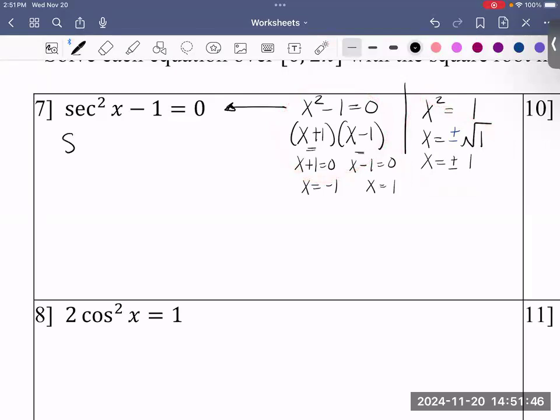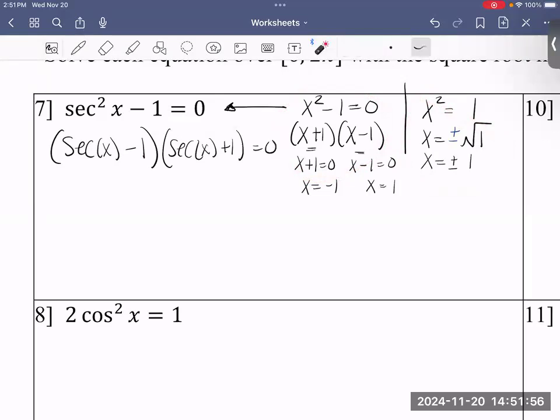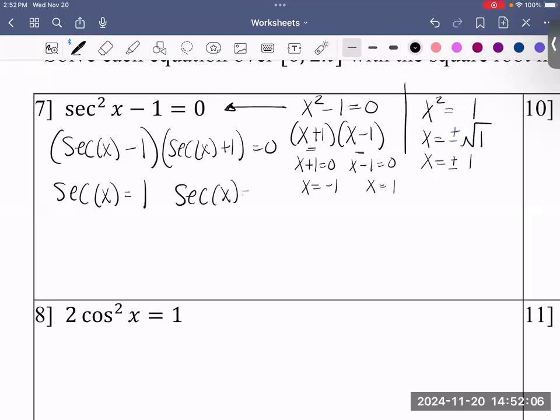Now we're working with a secant. So we could say secant of x minus 1 and secant of x plus 1 is equal to 0. Or add the 1 to the other side and you have this sort of variation. So now let's take a look where secant of x is equal to 1 and secant of x is equal to negative 1.